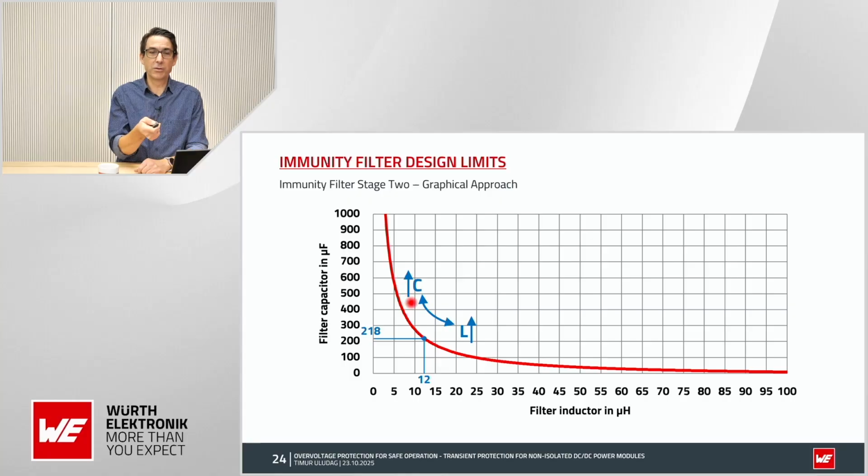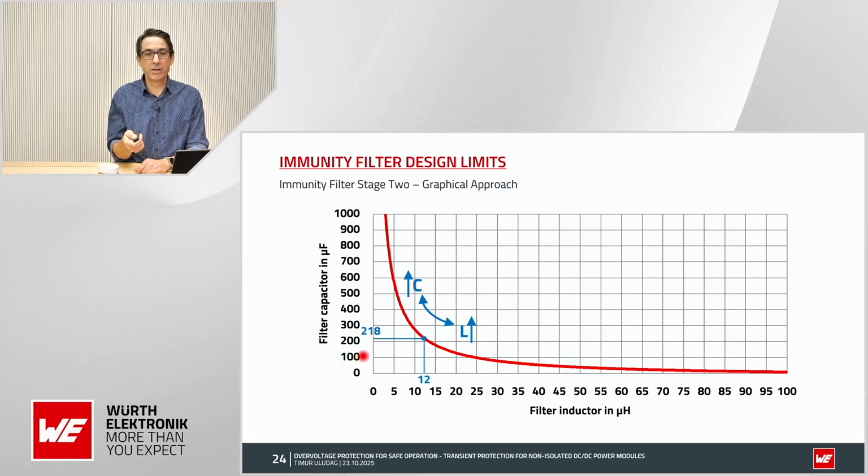If you would, on the other hand, go in the other direction and want to increase your inductor because you have better inductors with a higher microhenry value, let's say you go up to 20 microhenries, then you would need something about 110 microfarads as a filter capacitor.